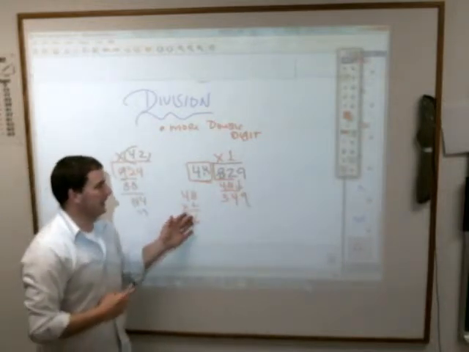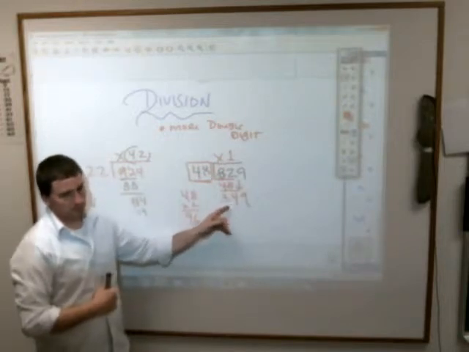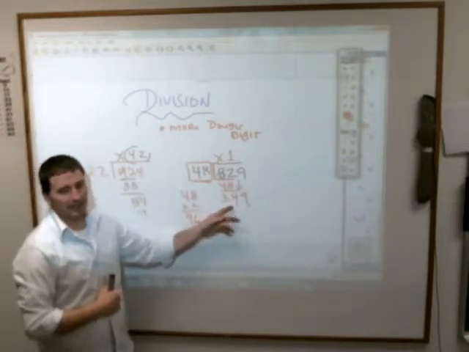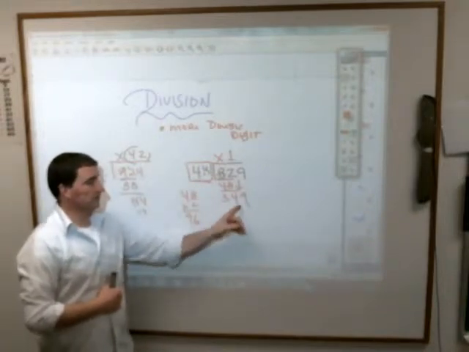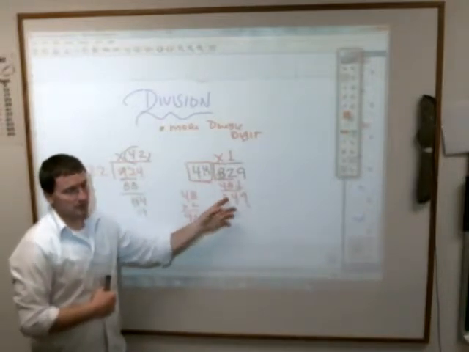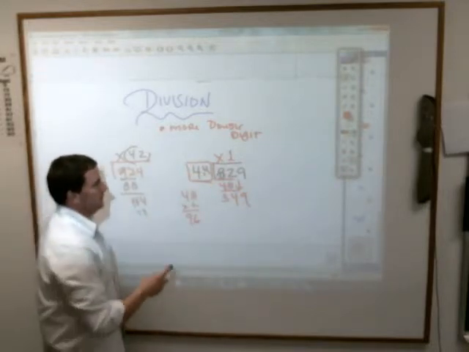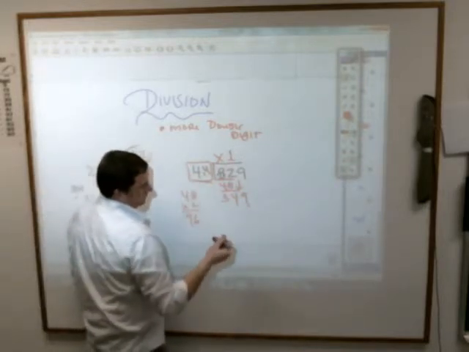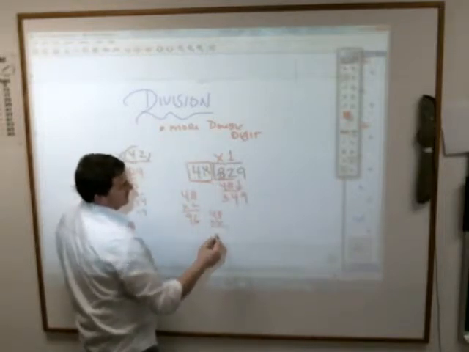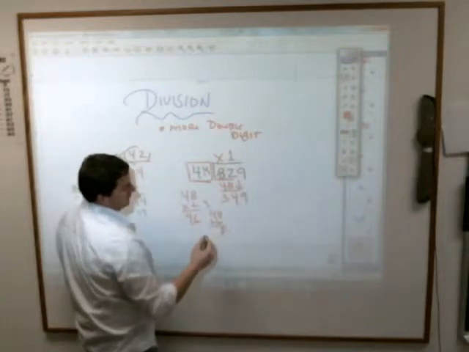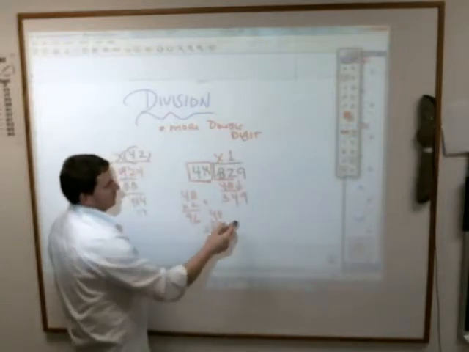Now I don't want to think about how many times 4 goes into 34, because that gives me 8 or something like that. I want to think about how many times 5 goes into 34, because 48 is a lot closer to 50. That's 6, so we should try 48 times 6. 8 times 4 is 24, so that's 288, and I think we're probably a little short.